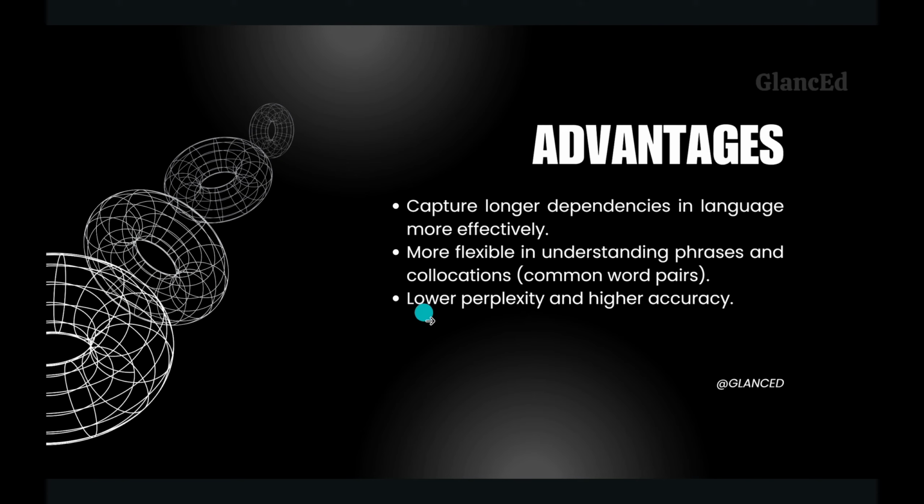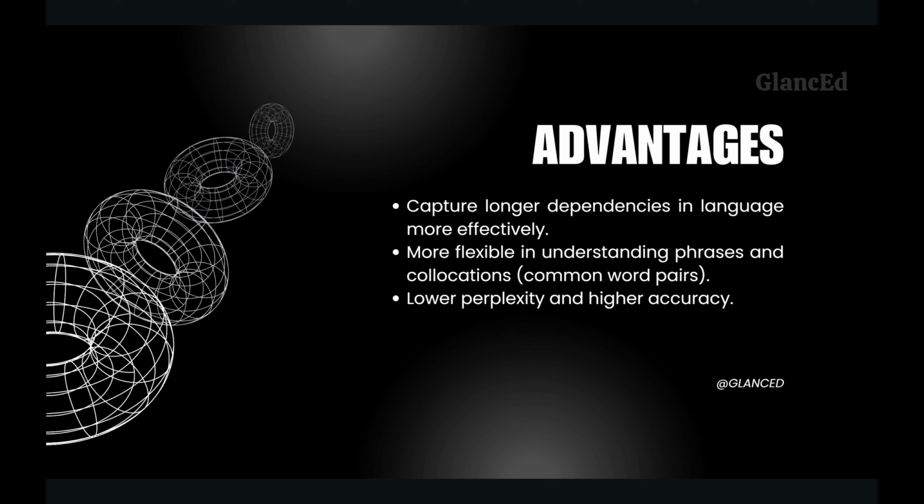And then the third point is lower perplexity and higher accuracy. About perplexity also, I have made a video. If you haven't watched it, then please do watch it and come back here. Perplexity is nothing but how confused a model is in order to predict the next word.